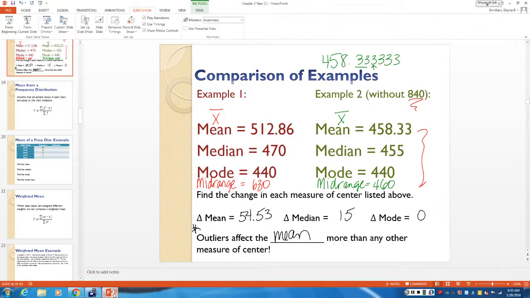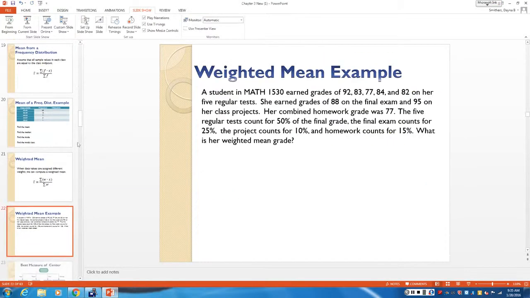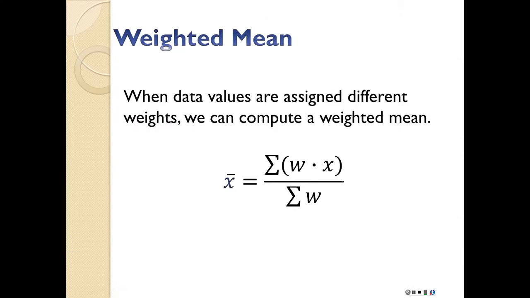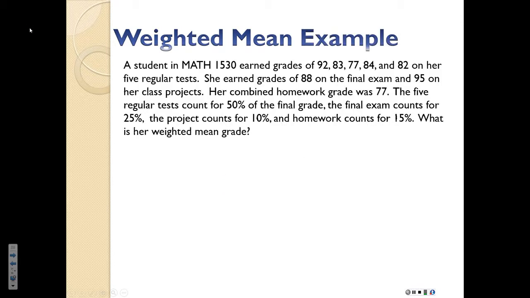I'm going to go back to my PowerPoint now. We're going to look at what are called weighted mean problems, when data values are assigned different weights. What do I mean by that? This is a classic case. Okay?